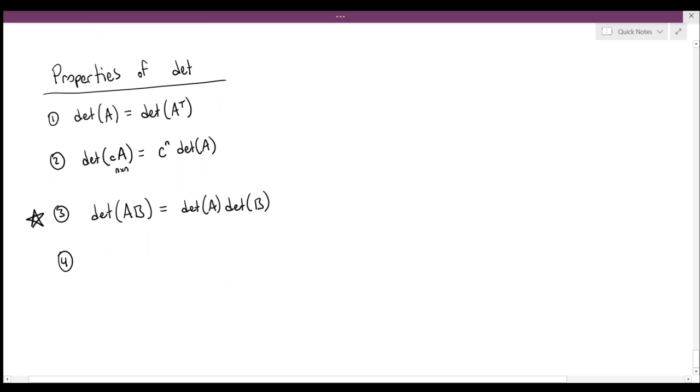And then some other properties of determinants is, as a special case of this formula, when you have a determinant of A raised to a power, according to the third property, that's determinant of A times the determinant of A times the determinant of A, and so forth, k times. So it's just determinant of A raised to a power of k.